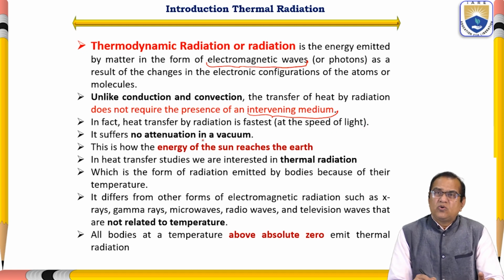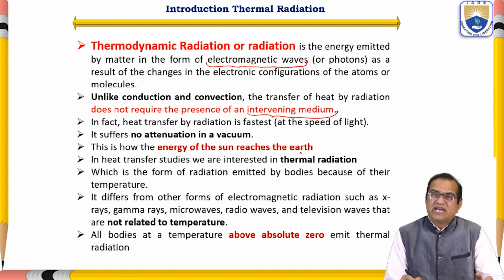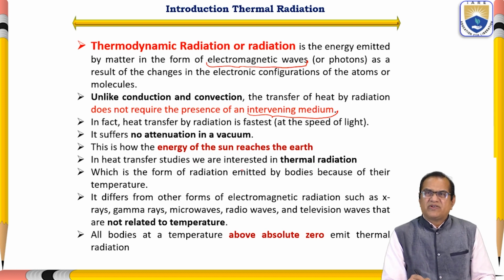It suffers no attenuation in a vacuum. So it doesn't differ whether there is vacuum or atmosphere. It does not matter. This is how the energy of the sun reaches the earth, by means of radiation. In heat transfer studies, we are interested in thermal radiation, which is the form of radiation emitted by bodies because of their temperature.